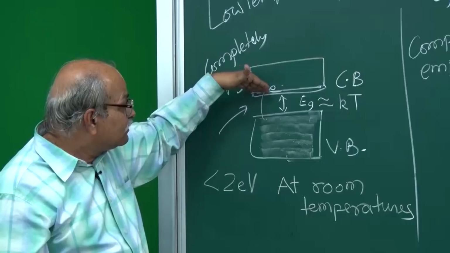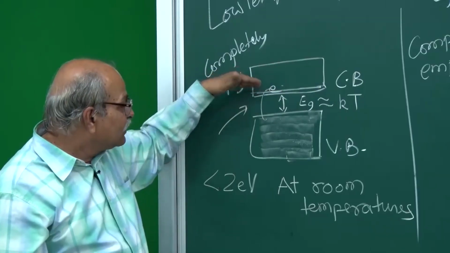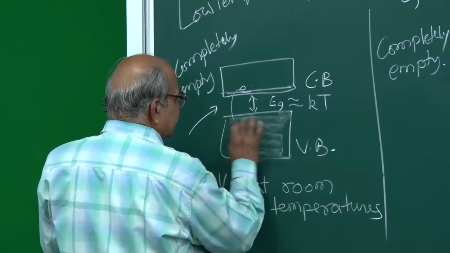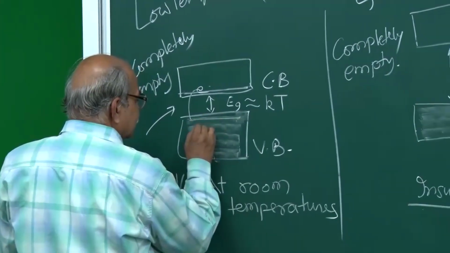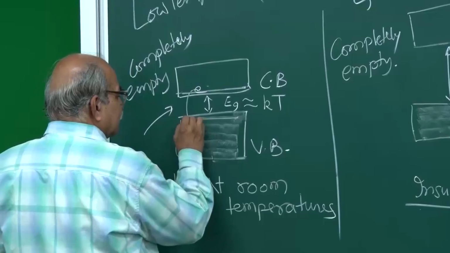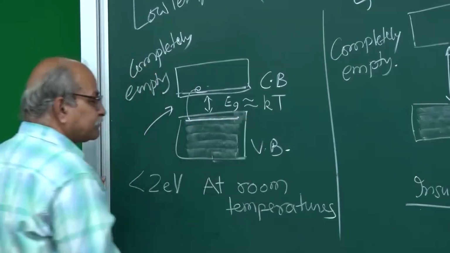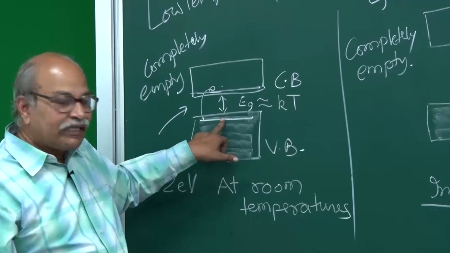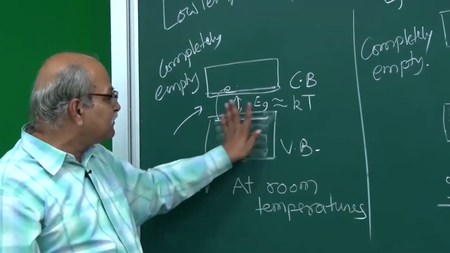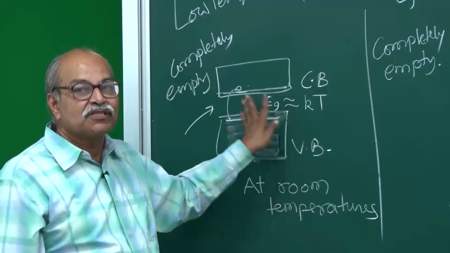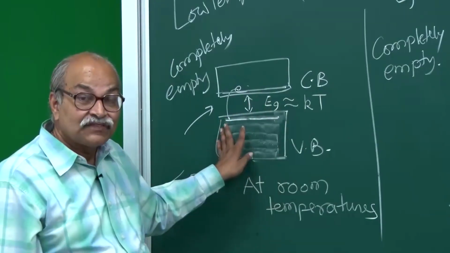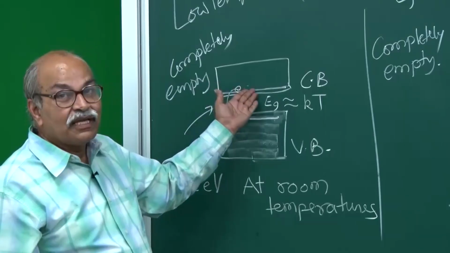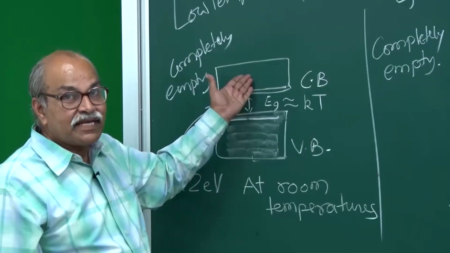So if the electrons are here and then some empty states are created here, some quantum states from which it has gone, this quantum state becomes empty. And if this becomes empty, then some movement of electrons of this energy is also now possible under electric field. If you apply an electric field, of course this can accept energy and go to a higher energy quantum state.